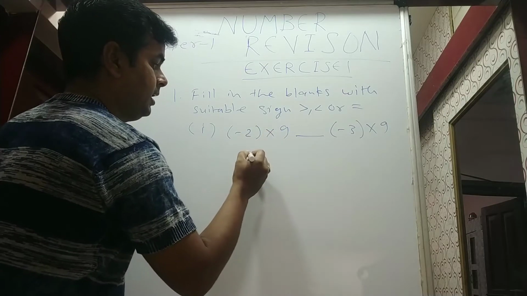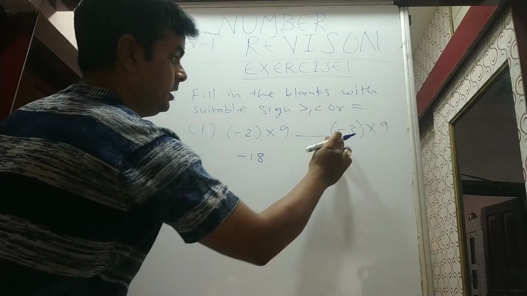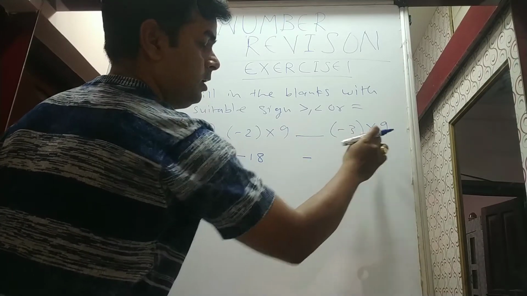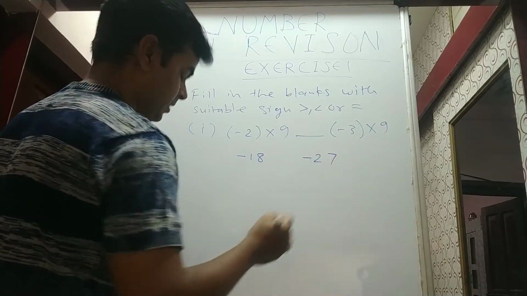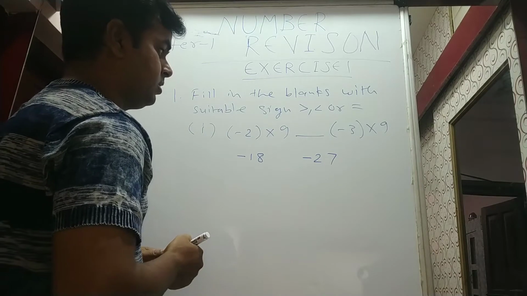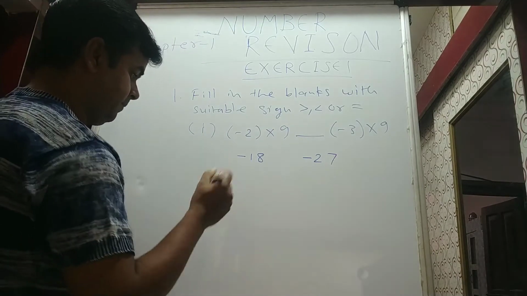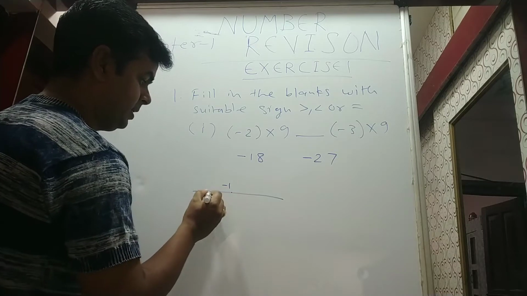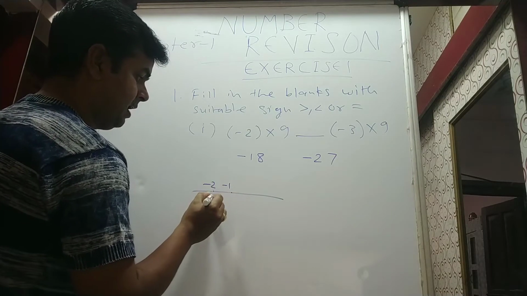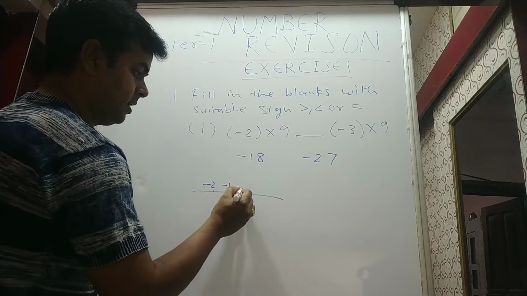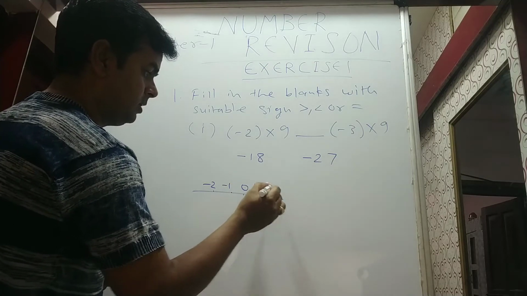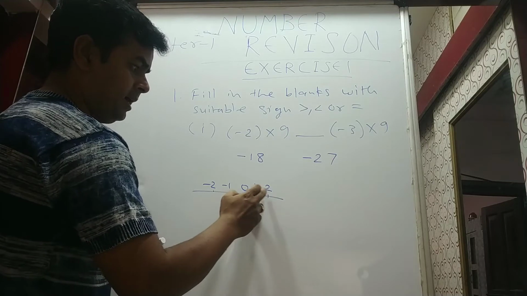2 into 9 is 18. Here minus into plus is minus. 3 into 9 is 27. So which one should be the greater? If you write it on the number line, if minus 1 is there, minus 2 is on the left side. So which one will be greater? If 1 is written here and 2 is written here, 2 will be greater than 1.